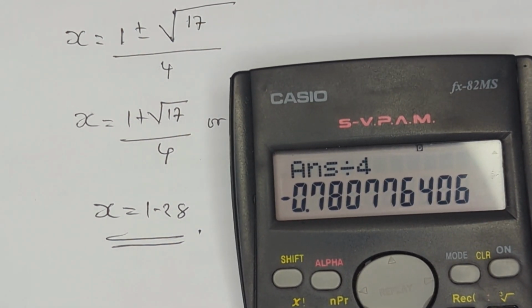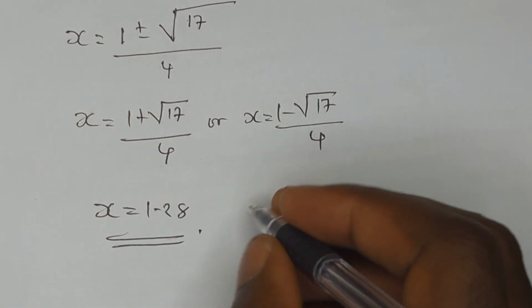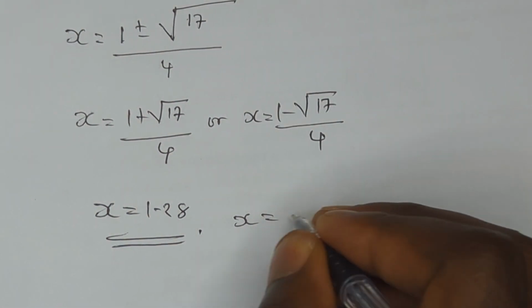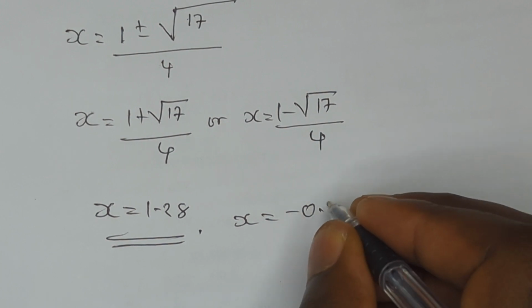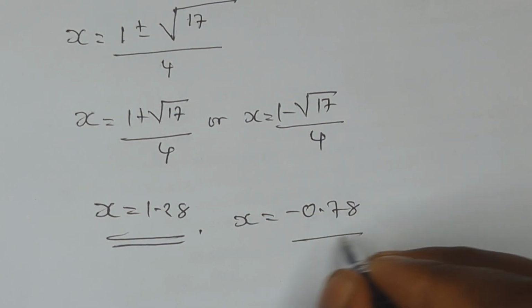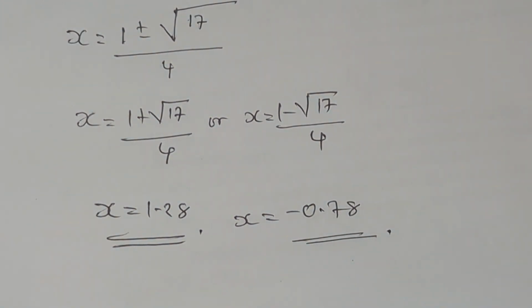So this is negative 0.78 if we round to 2 decimal places. x is equal to negative 0.78. So this is the answer. This is how we handle questions under formula method.